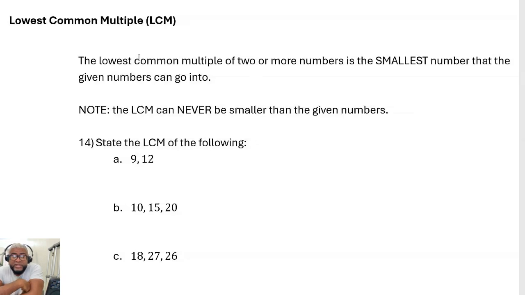So note, the LCM can never be smaller than the given numbers. It can never be smaller than the largest given number. All right, so write this down, please.